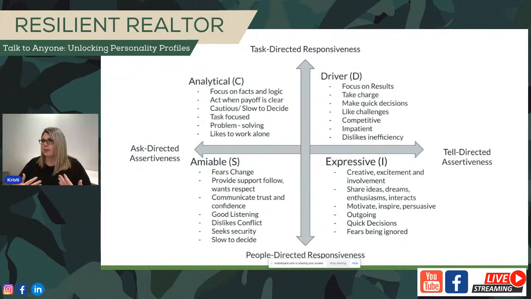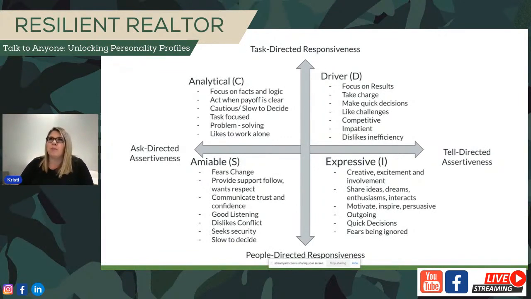Under stress, my D kicks in. Like if something's not getting done, I just come in and take over. In a different stressful environment, if there is a D and I can see that they're railroading the rest of the team, my S kicks in, my mother bear kicks in, and I want to protect everybody.